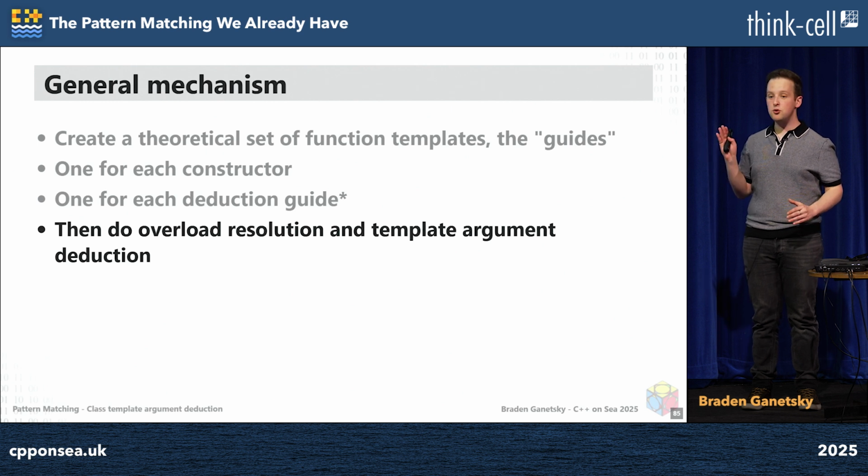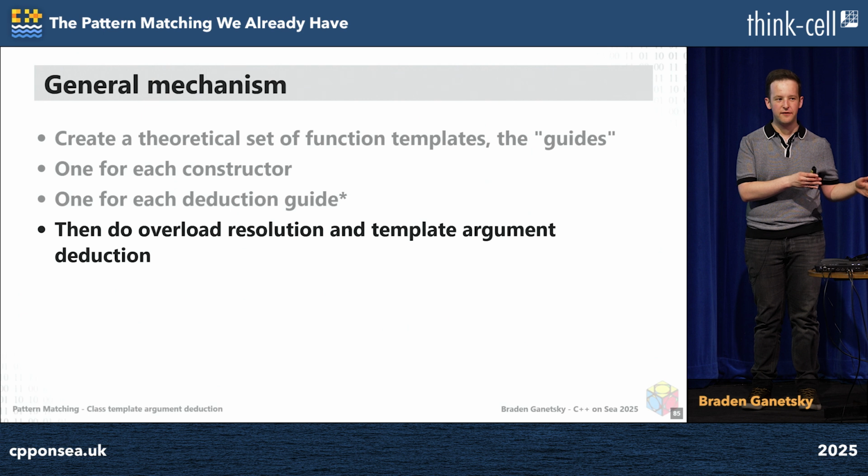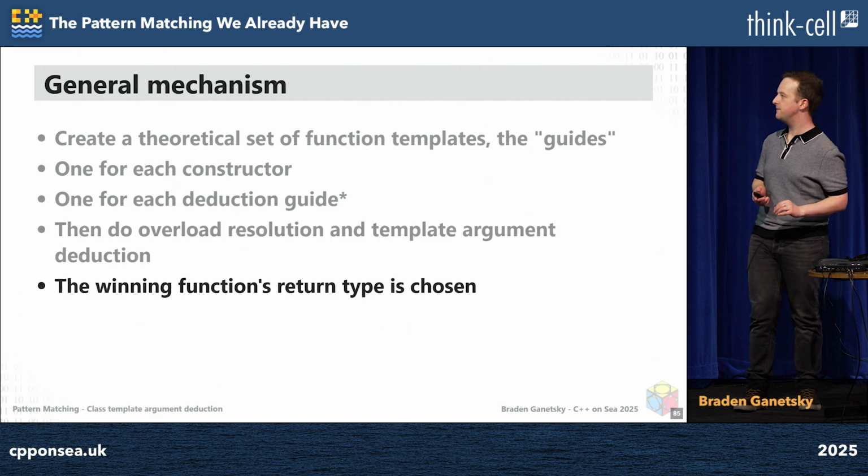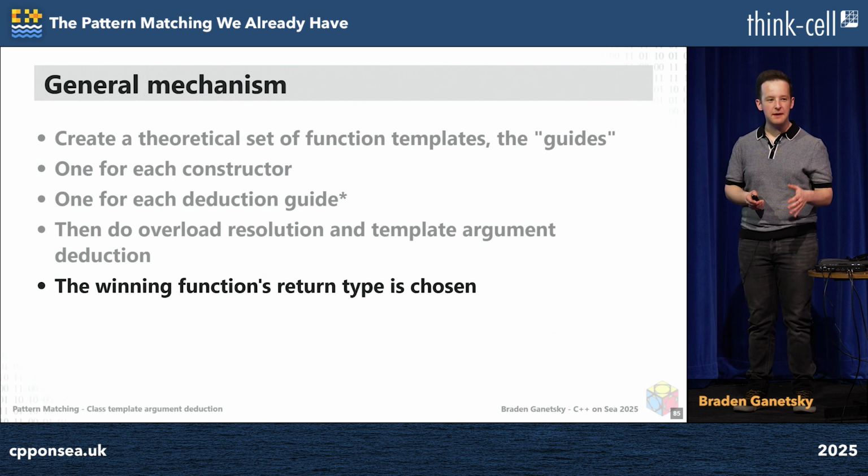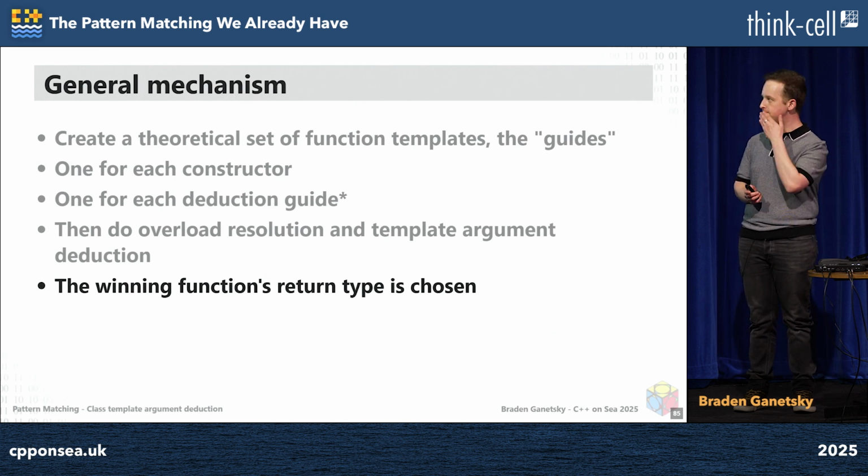So similarly to template specializations, it's actually defined in terms of overload resolution and template argument deduction. Anything that has to do with class templates, we actually just defer to the function template stuff, because that's a lot more complicated and full-featured, so just defer to that. And the winning function's return type is the one that we ultimately choose.